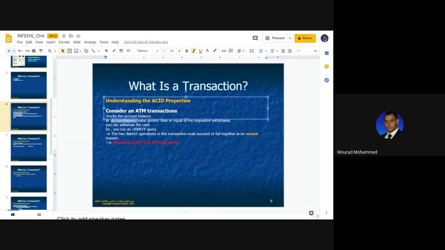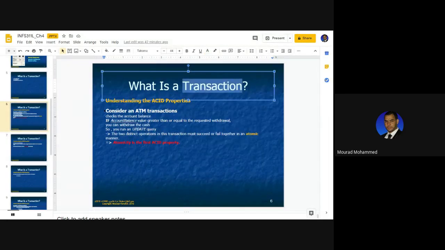So it has to check the account balance. Then, once checked, it has to give you the money. Third, and fourth, it has to update the account. Since you took the money, it has to be deducted from your account. They have all to be executed. So all of them are atomic. All of those tasks here are atomic. They are one task. They are one transaction.